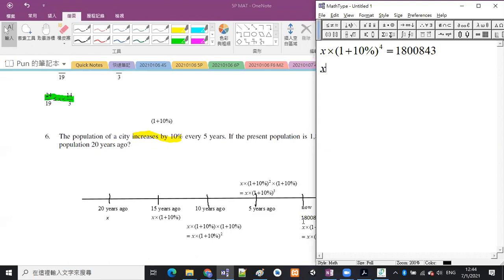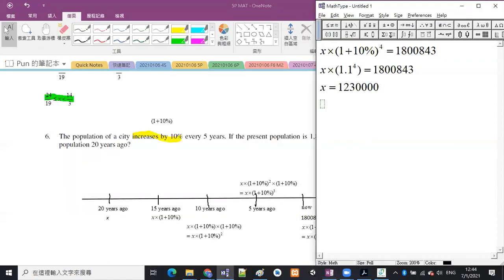Okay, so x times 1.1 to the power of 4 is equal to 1800843. Okay, and then you just use the calculator here. What is the answer? So x is equal to 1230000.